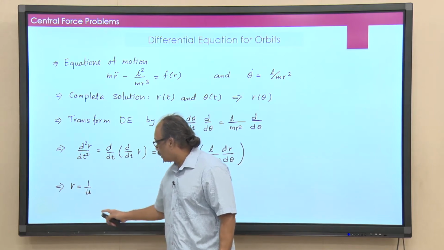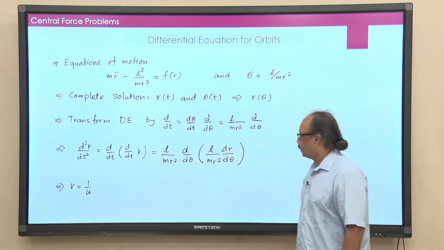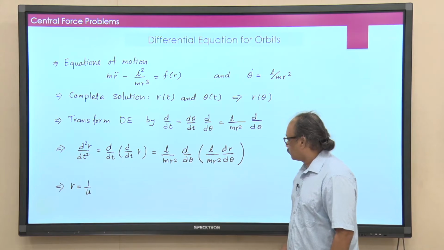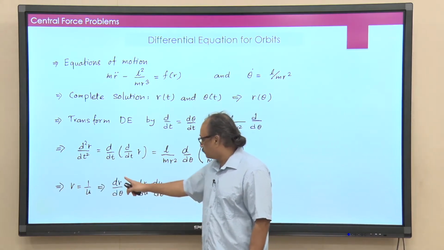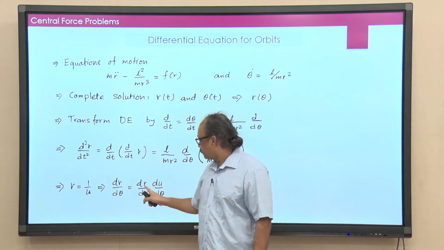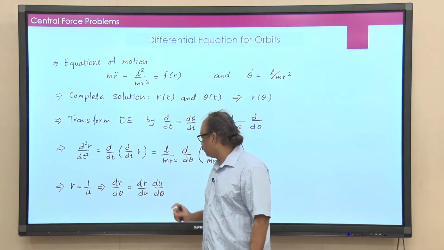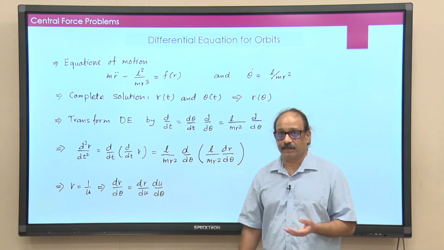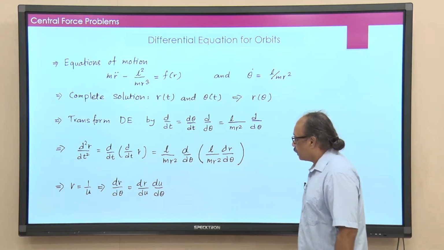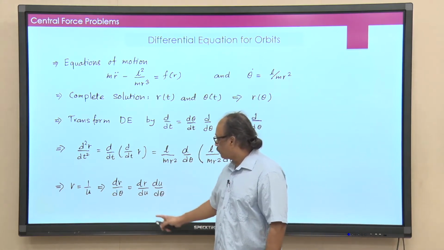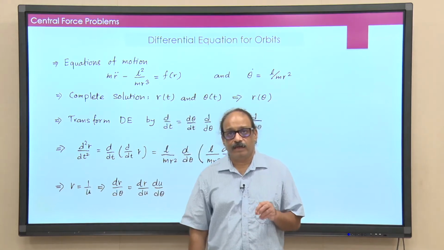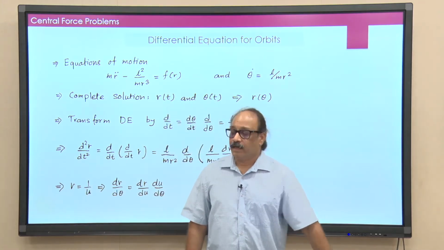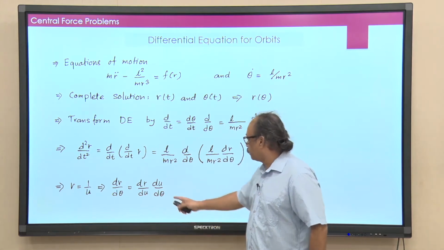So, if I want to put r equal to 1 over u in this one, then I will do something like this. I want dr by d theta, and I will write it as dr by du into du by d theta, because I want the differential equation in terms of u. And what is dr by du? Because r is 1 over u, dr by du is minus 1 over u square.